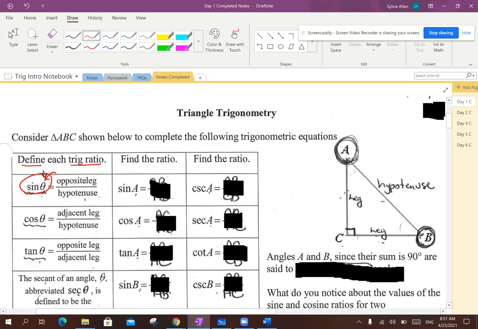So sine of theta, we're going to make sure we understand the ratio. We've got opposite leg over hypotenuse, right? So let's just remember, maybe you've heard of SOHCAHTOA. The S is for sine, so we've got our sine. And then the O and the H give us the opposite over hypotenuse.